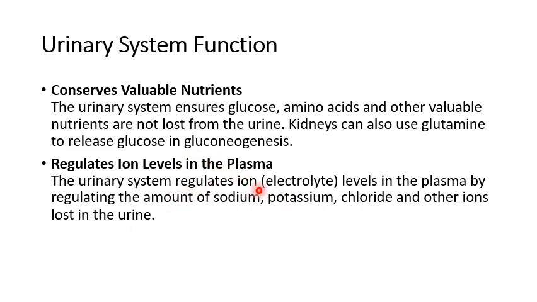The kidneys can adjust the levels of electrolytes in plasma by eliminating excess electrolytes, such as sodium, potassium, and chloride, by adjusting the amount of ions lost in the urine, as well as the amounts that are reabsorbed into the blood.